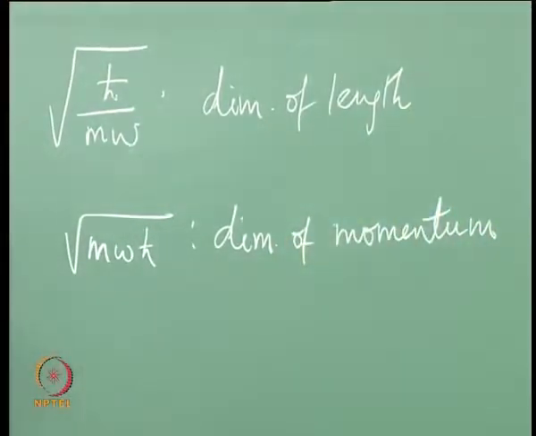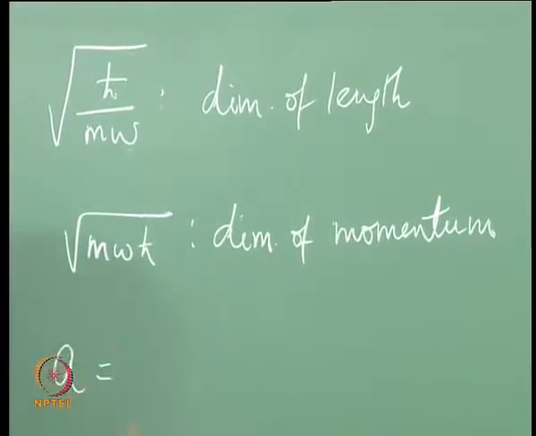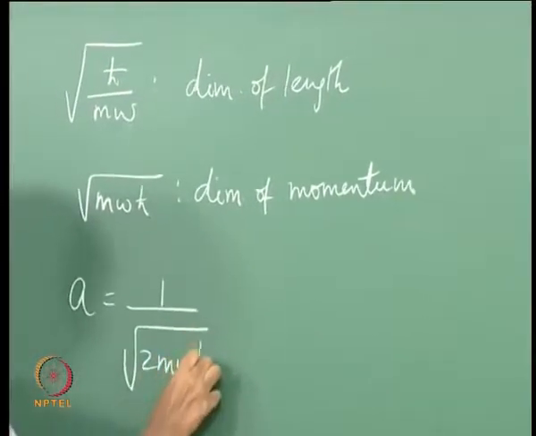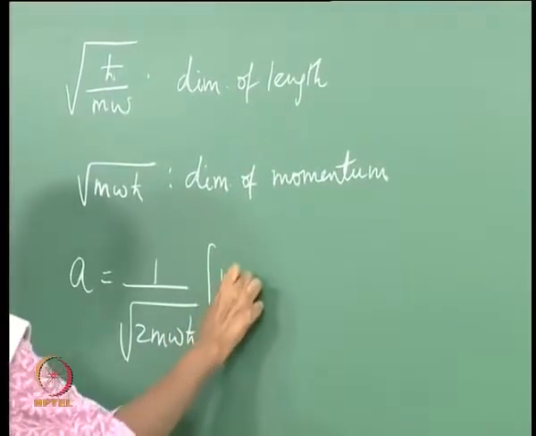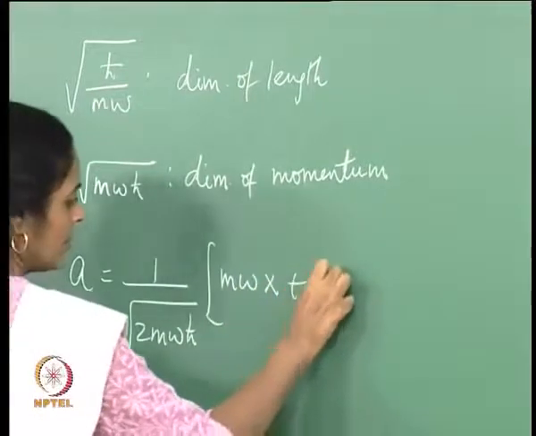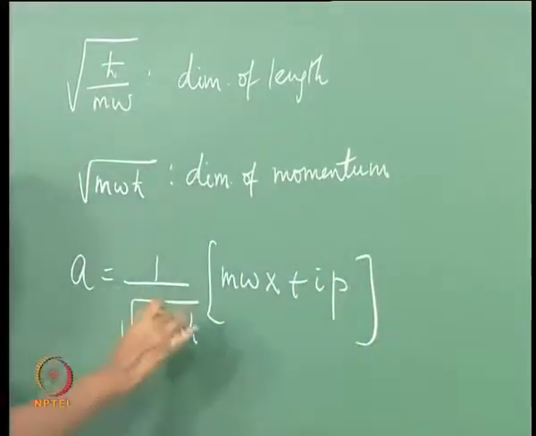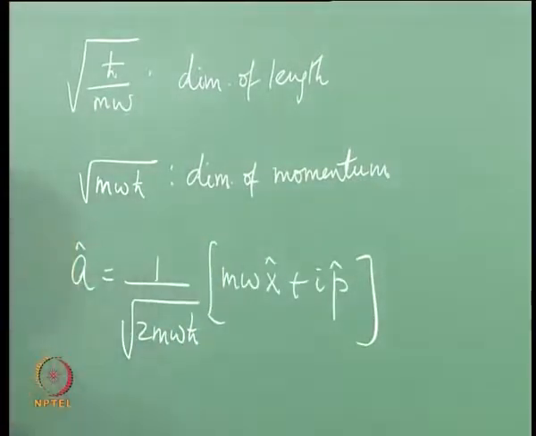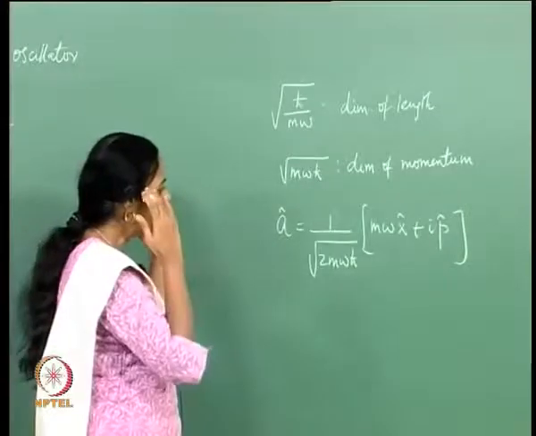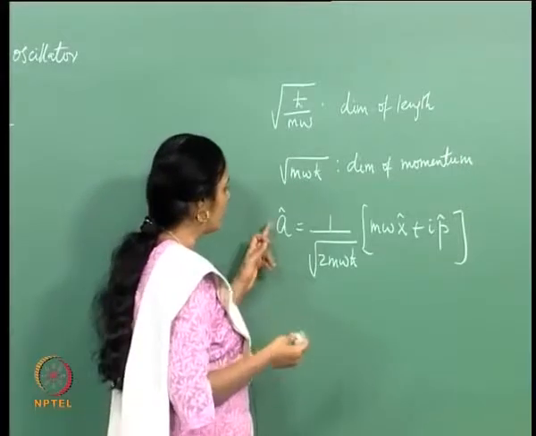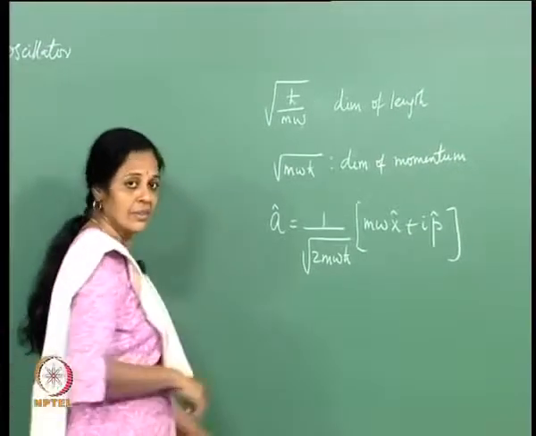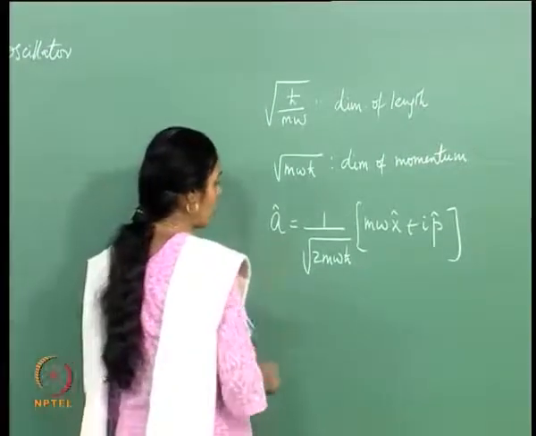So if I remember this, and I write A as the combination, I have removed the caps of the operators. You would normally do that, but I believe it is good for us to just remember that A, X and P are operators even if the caps were not put on top of them.